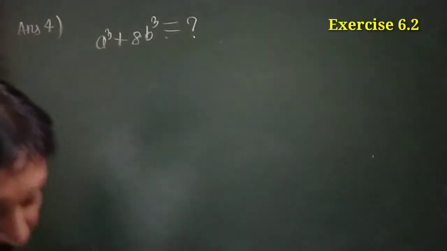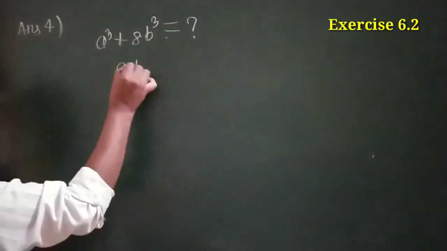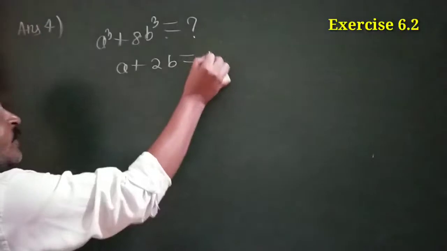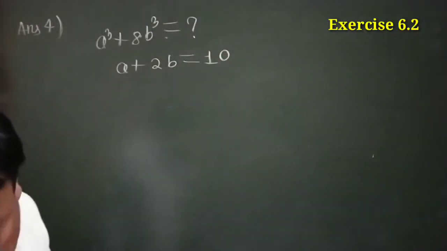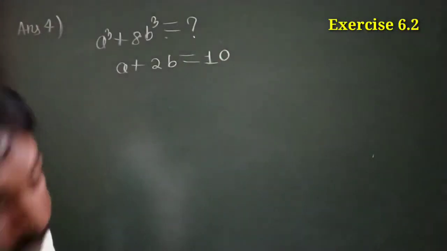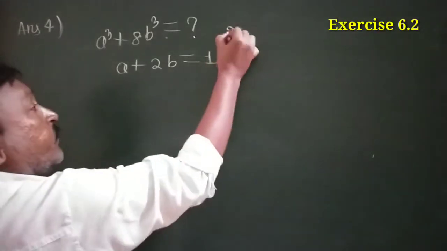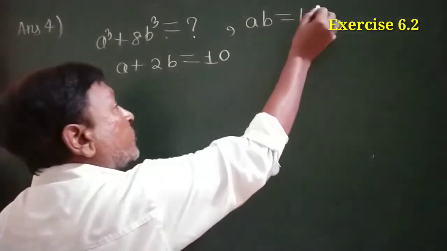In that information, a plus 2b is equal to 10 and ab is equal to 15. Okay, one more information is given, ab is equal to 15.